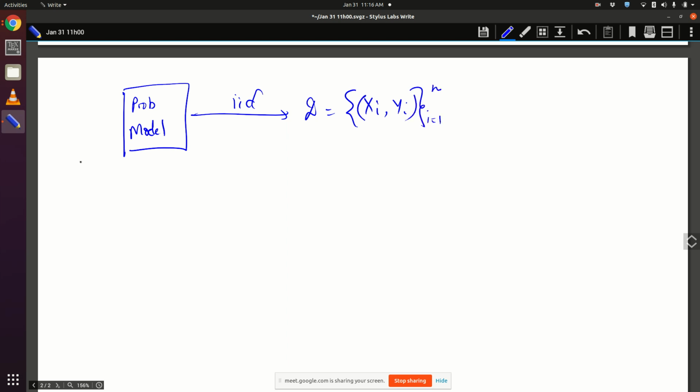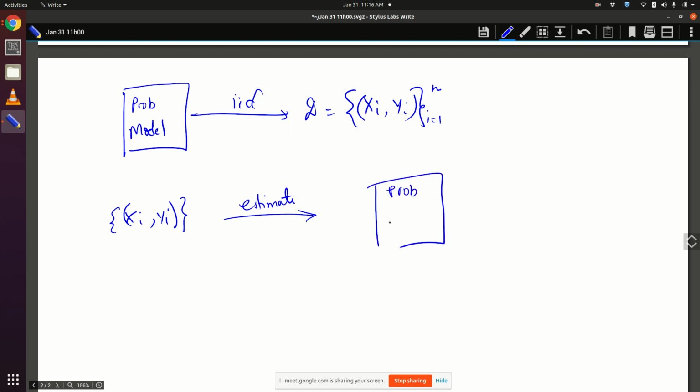This is one problem, but the other problem is if you are given Xi, Yi and you are supposed to estimate the probabilistic model, right? So this is where MLE will come into the picture. So that is why we did this.